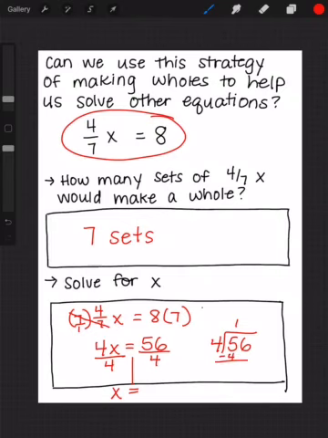Goes in once, goes in 4 times, 14. Okay, so we follow it, solving the equation the same way. It's just instead of multiplying both sides by 7/4, we're just multiplying both sides by 7 and then dividing by 4. Again, it is the exact same thing as what we were working on last week. It's just approached a little bit differently.